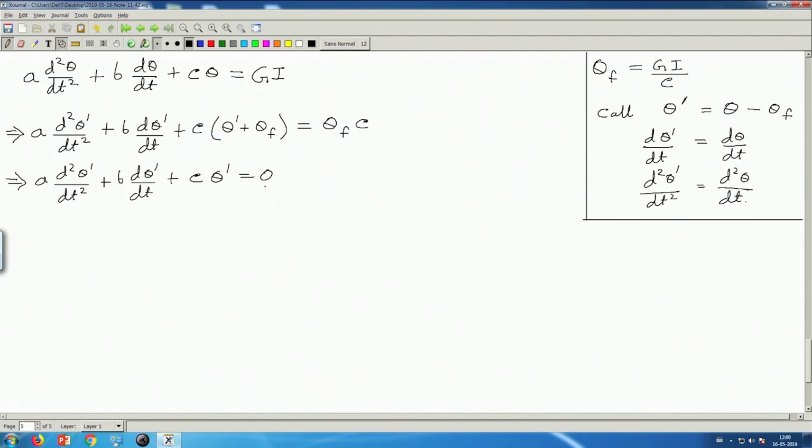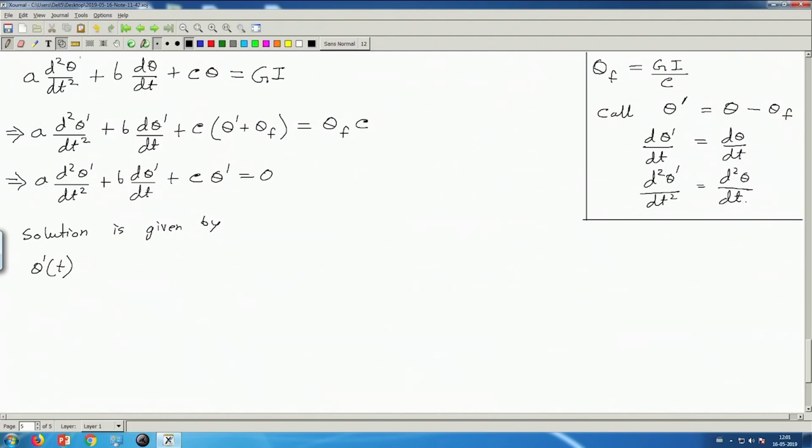So, this is easier to solve, and we know the solution of this differential equation is given by theta prime, which is a function of t, of course.